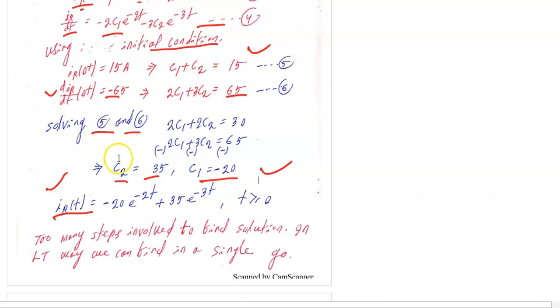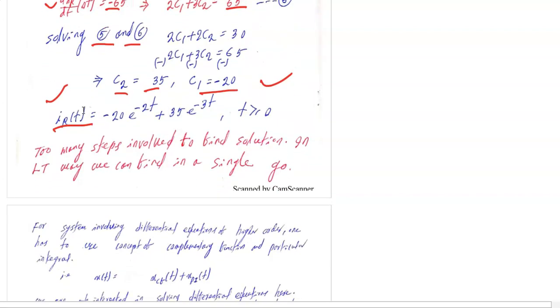We can make mistakes in the Laplace transform way too while doing the algebraic manipulations, right? Otherwise that also takes time, and this also takes time, but the Laplace way is easier to understand because here it involves too many steps.